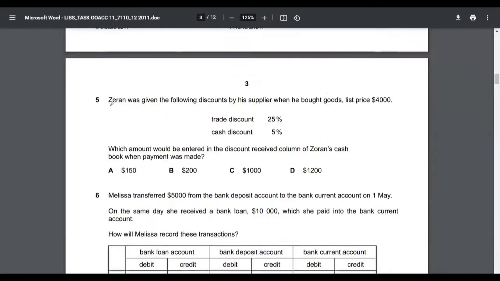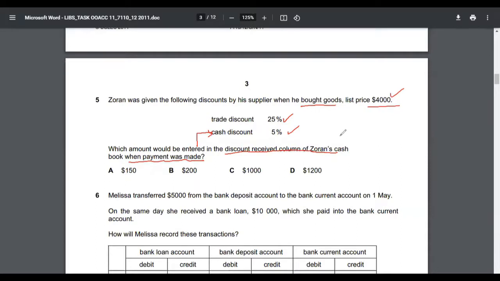Multiple choice 5. Zoran was given the following discounts by his supplier when he bought goods. The list price is $4,000. He received a trade discount of 25% and then a cash discount of 5%. Which amount would be entered in the discount received column of Zoran's cash book when payment was made? So this is specifically asking about what would be the cash discount when Zoran makes the payment.